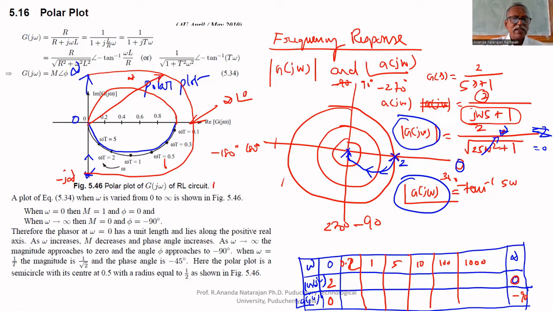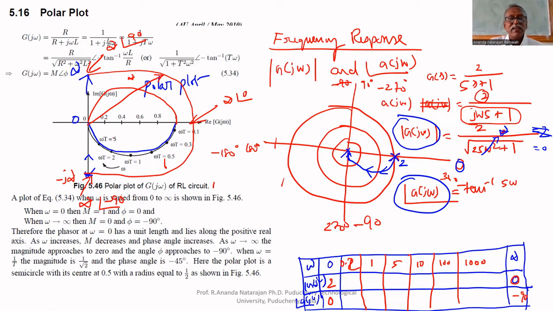Another coordinate: the magnitude is infinity, the angle is minus 90. Here I am taking one coordinate: infinity. What is the angle? 90. If I select all these points, what are the points? One is from 0 to infinity in the positive imaginary axis, magnitude of omega from 0 to infinity. Another one is from minus infinity to 0, negative imaginary axis, all omega values.